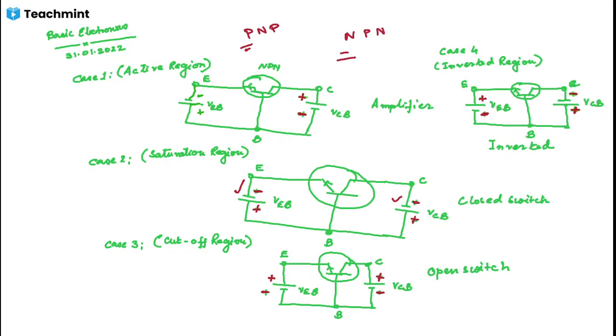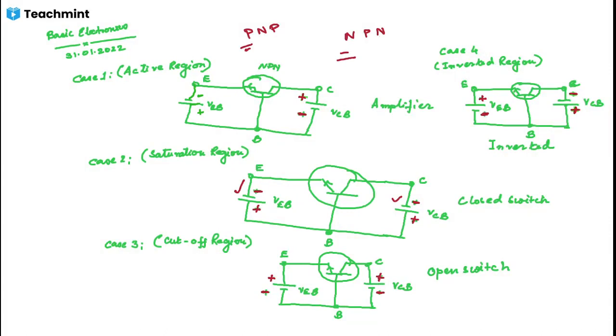This is for saturation, and here in saturation it is forward biased, this one, and this is also forward biased. So this is negative, this is positive. Okay.